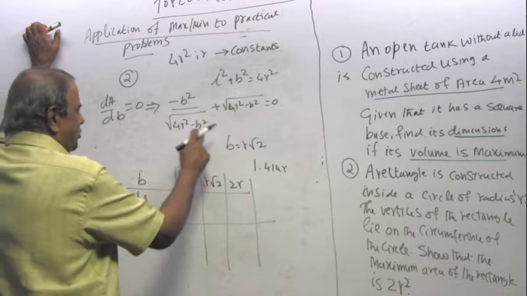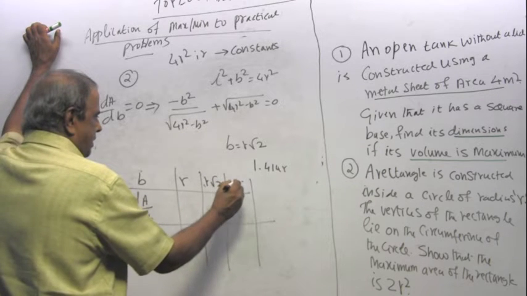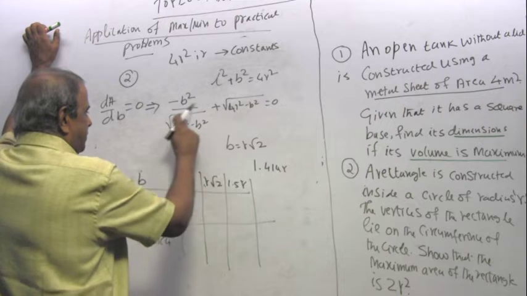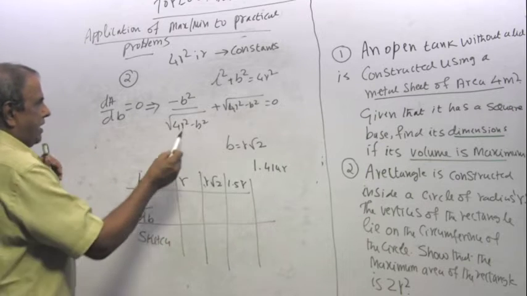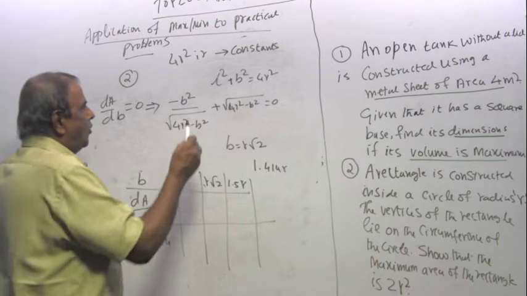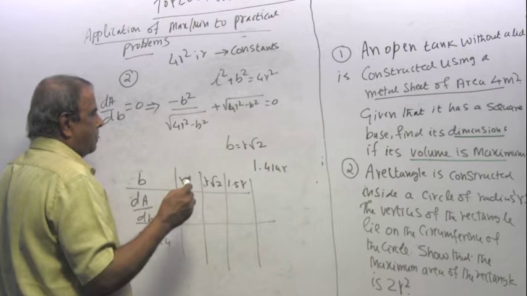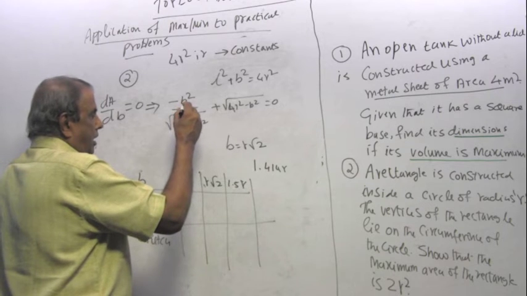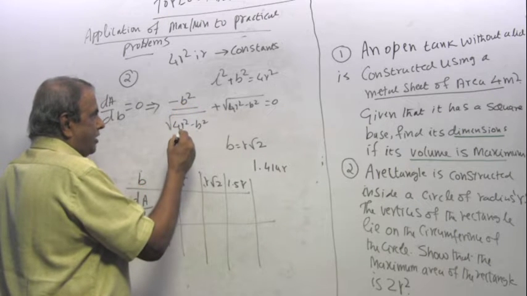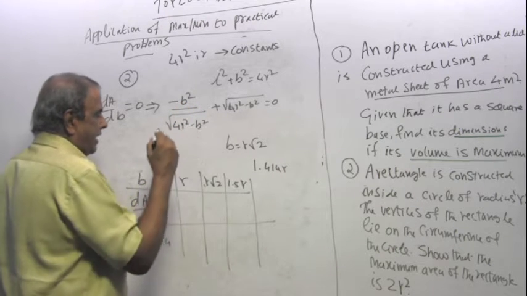No, I can't take 2r. So 1.5r. Remember, if I take 2r, that becomes an asymptote. If B is r, what is the value of this? R squared minus r squared over 3r squared, isn't it?